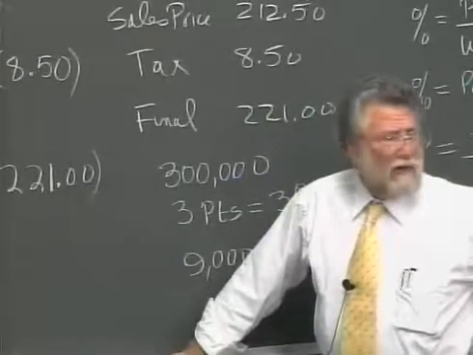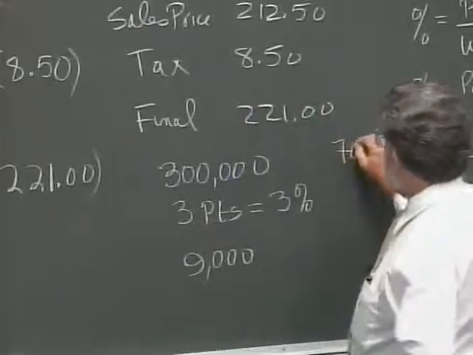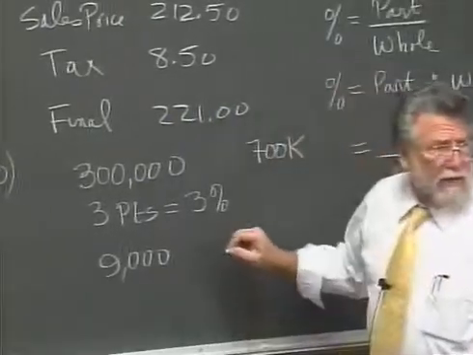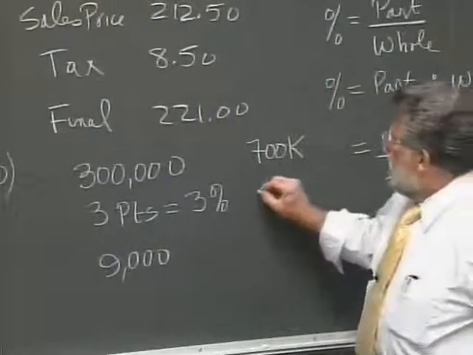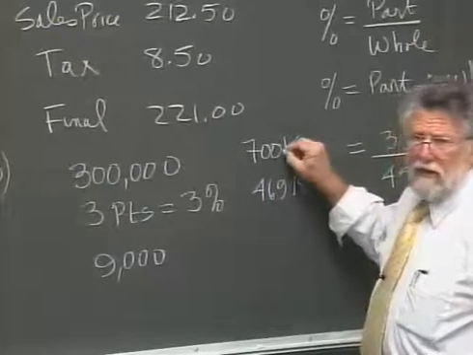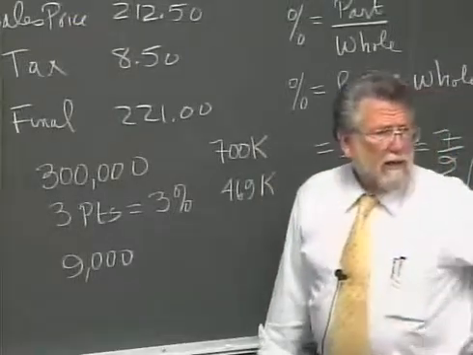Okay, well, let's look at that problem. A 700,000 home, so 700K since I'm short of space. And you're saying they're selling for $469,000. So this is the original price.